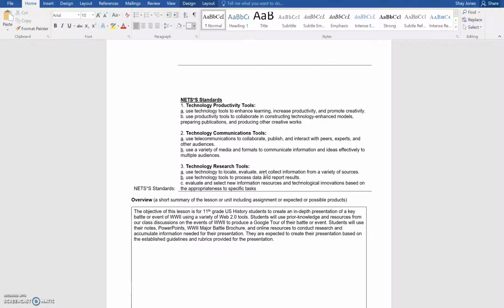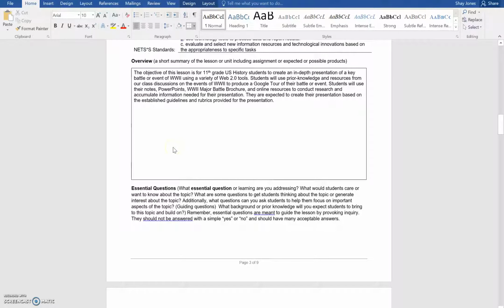So they're going to create a product, present it to their peers, and collaborate and work together around creating this technology artifact or product. They're also going to use technology to research, so they're going to evaluate and collect information when designing their product.